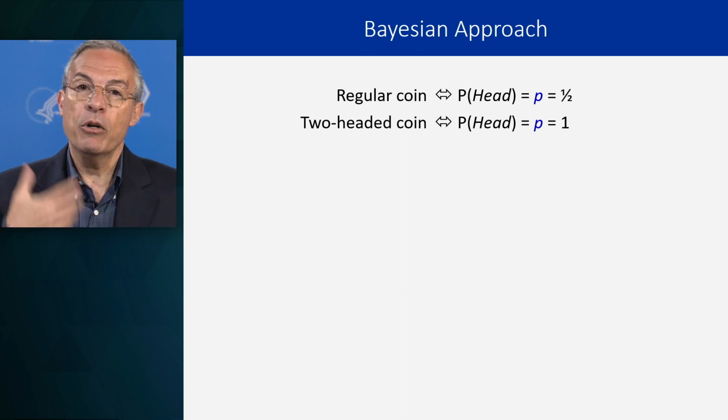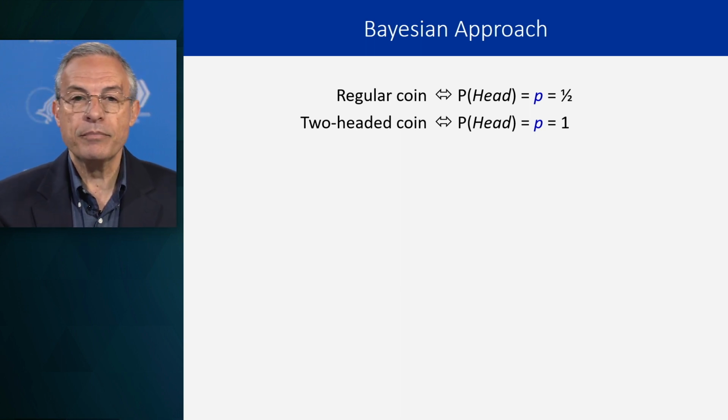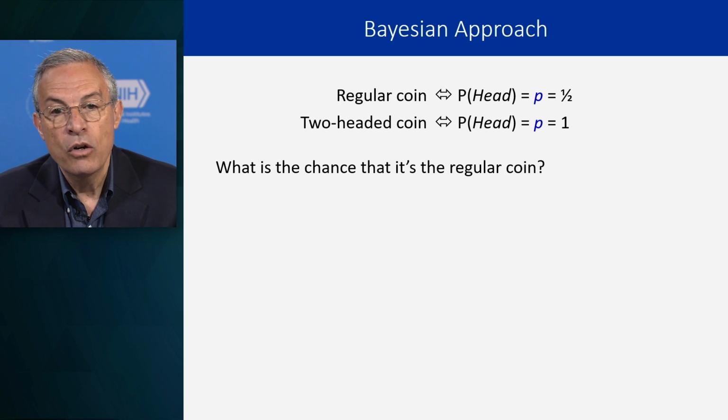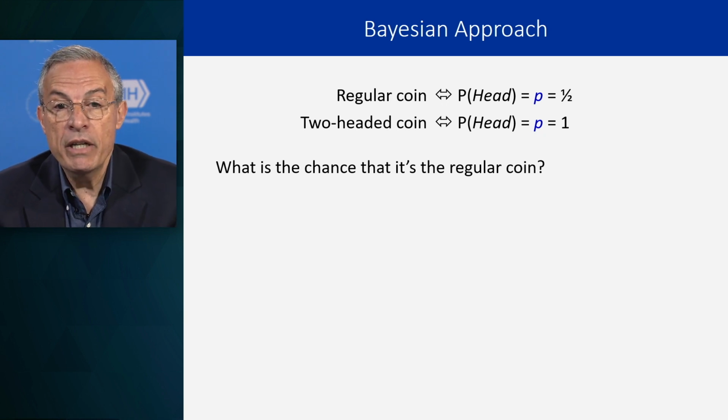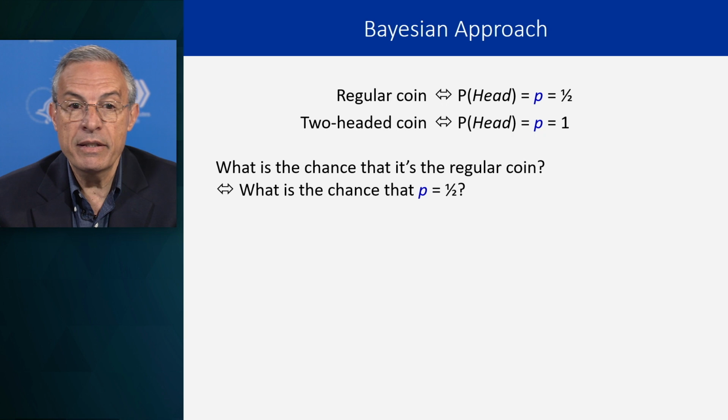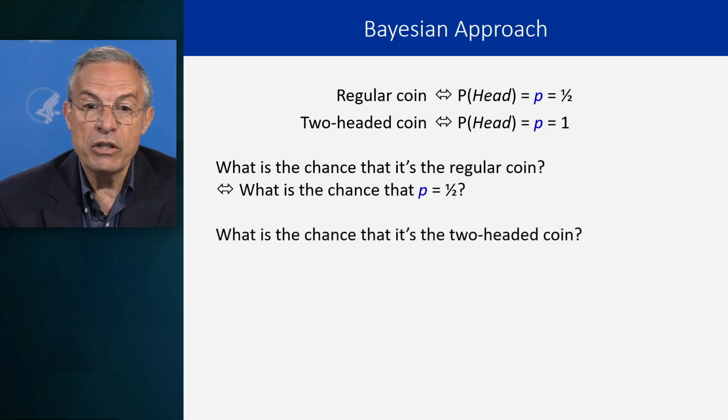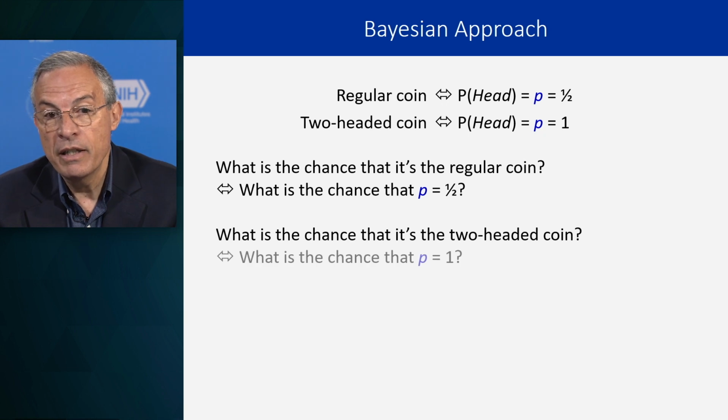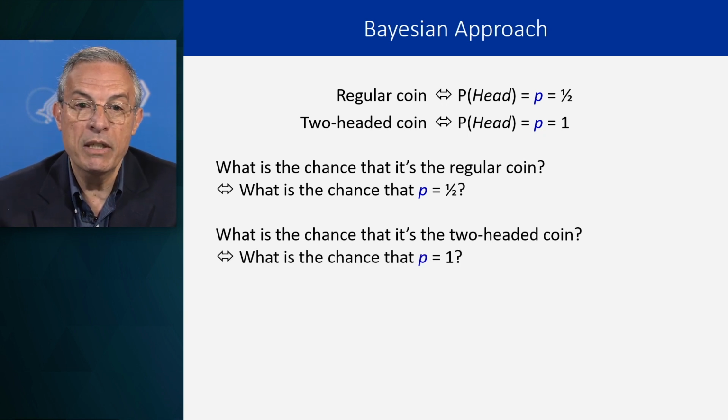And therefore, I'm going to put a probability to it. So, saying what is the chance that it's the regular coin is the same as saying what is the chance that P is 1/2. And saying what is the chance that it's the two-headed coin is the same as saying what is the chance that P is 1.